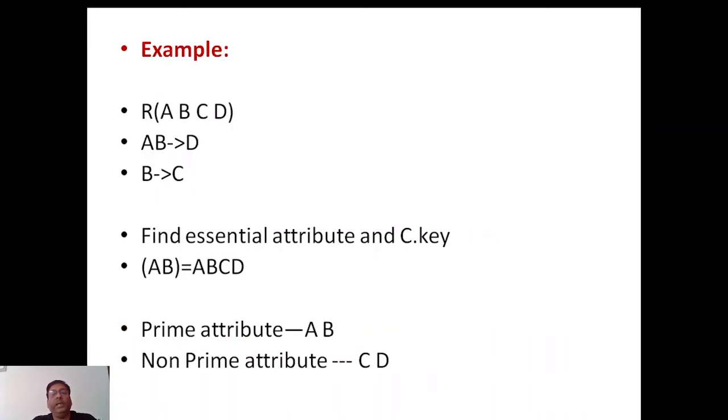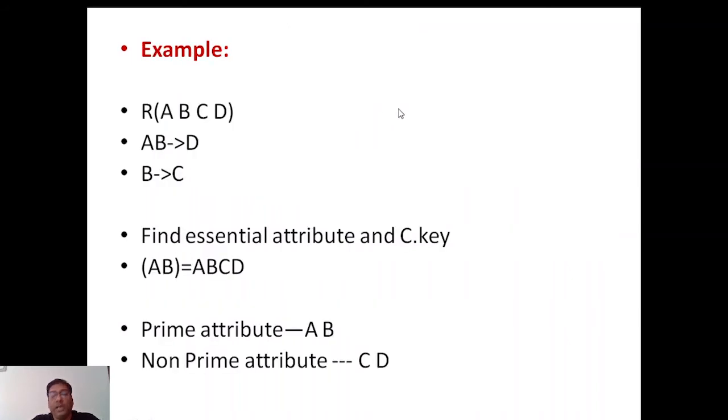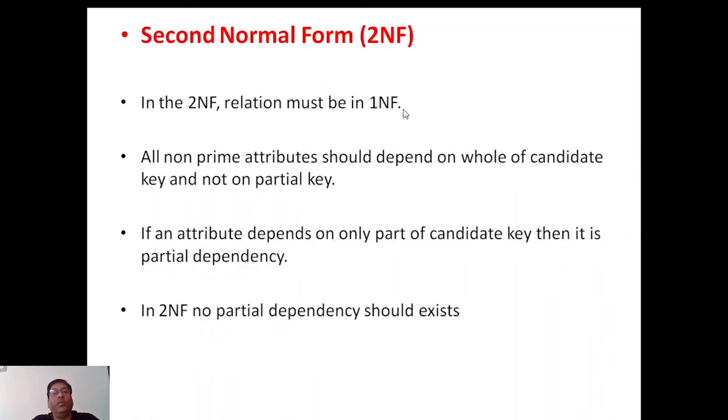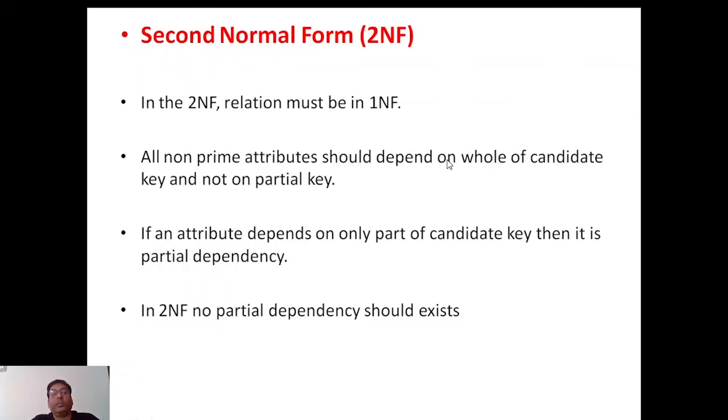I'll come back again. In order to say that a relation is in second normal form, the relation has to be in the first normal form. All non-prime attributes should depend on the whole of the candidate key and not on a partial key. This is where we need to remember things.